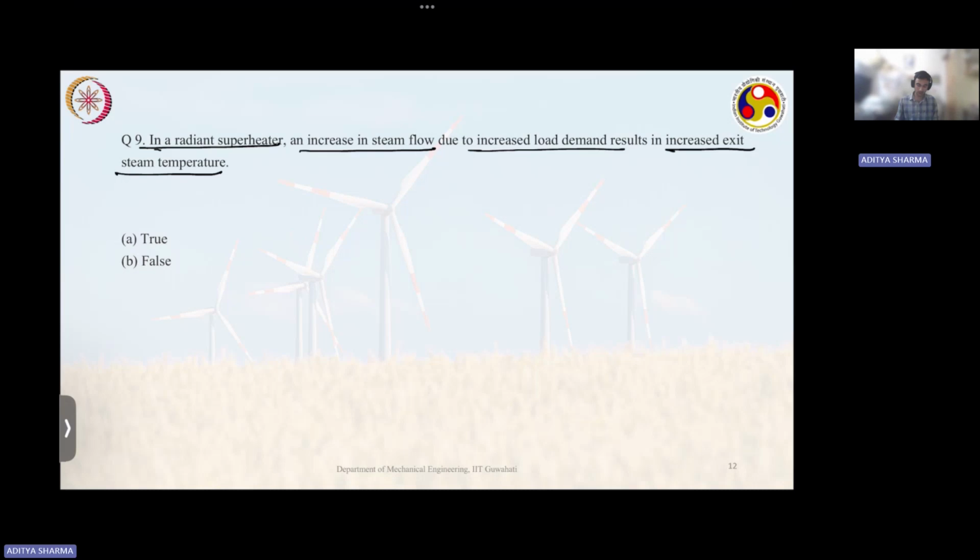But here the statement says that the exit steam temperature increases. So that is opposite to what the reality is. In that case, this is a false statement.